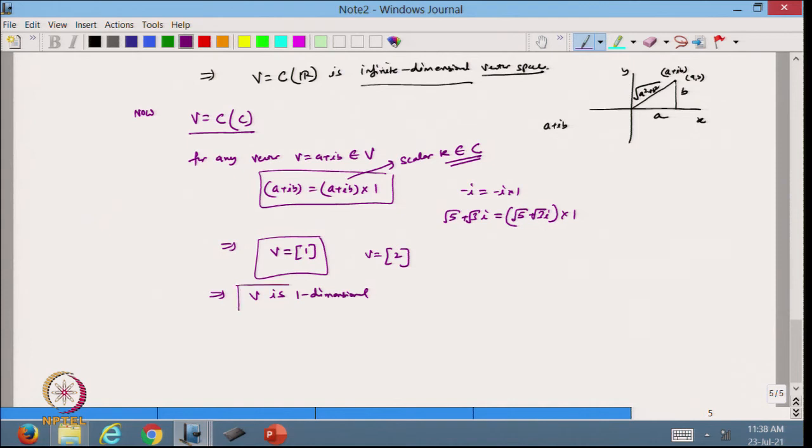So V is a one dimensional vector space. A lot of things change when we change the field. For example, I just take the vector space of real numbers.